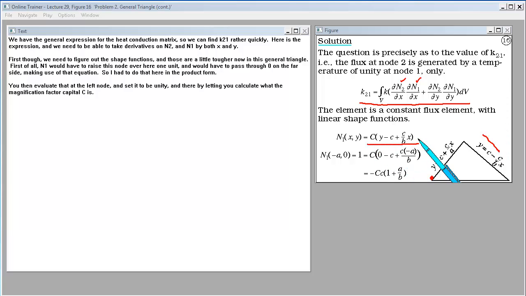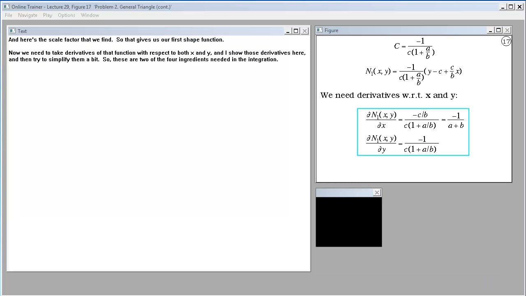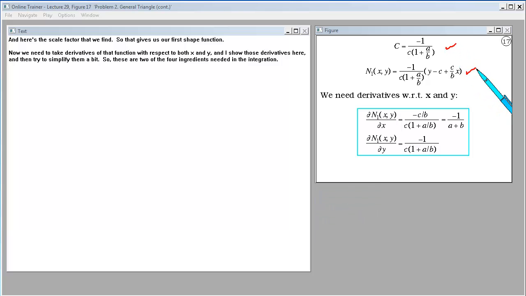You then evaluate that at the left node and set it to be unity, thereby letting you calculate what the magnification factor, capital C, is. And here's the scale factor that we find. So that gives us our first shape function.